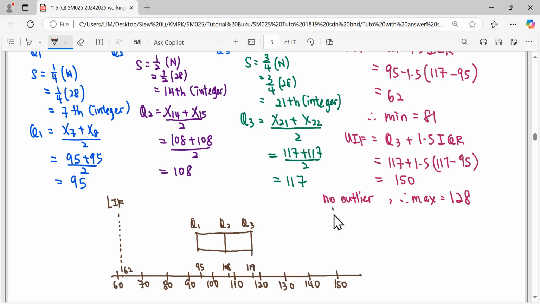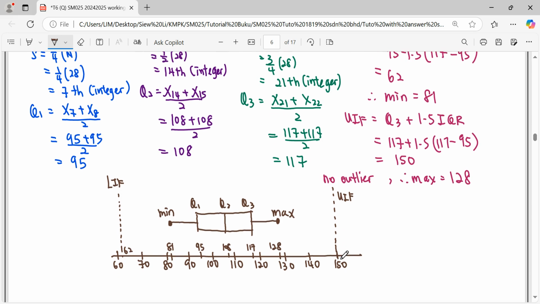Upper inner fence, 150. Minimum value, here we have 81. So one dot here becomes your whisker. Maximum value 128. So 128 is here. So this is your maximum value. Label, this is minimum. This is maximum. So our drawing must be fully labelled with the readings. Only then is this our complete diagram of the box and whisker.